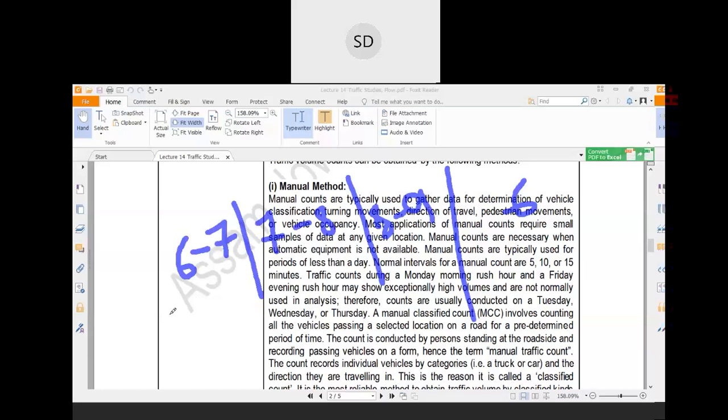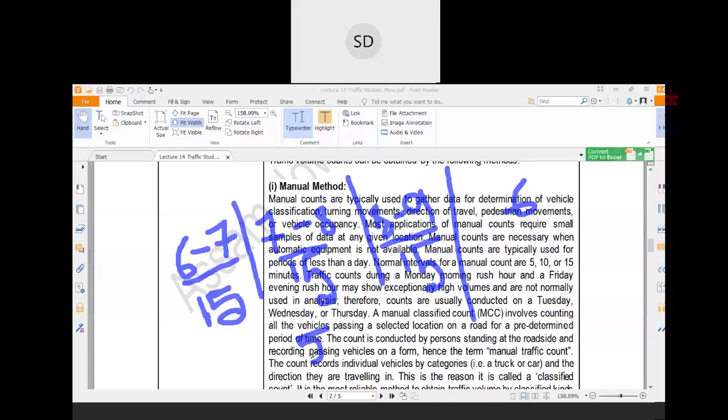Now in 1 hour you cannot collect the data at a stretch by the manual count method. So what you can do is select at least 15 minutes from this 1 hour, again 15 minutes from this another 1 hour, and again 15 minutes from this 1 hour, like that.